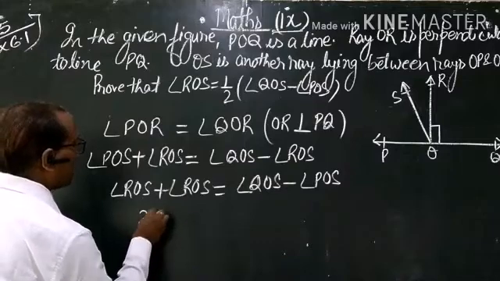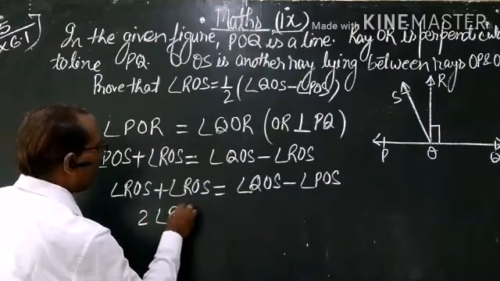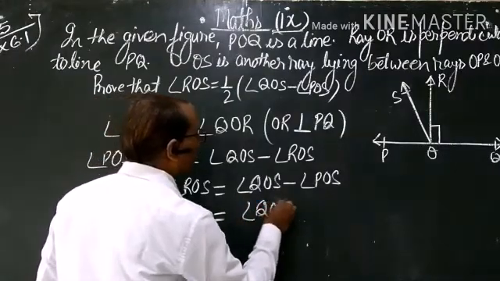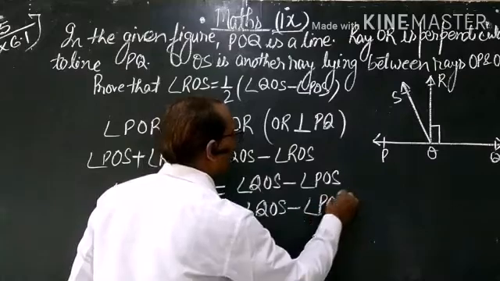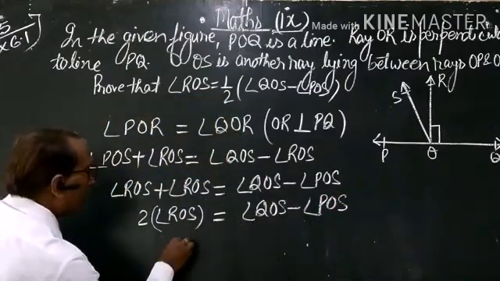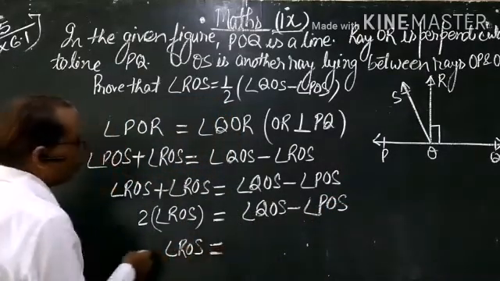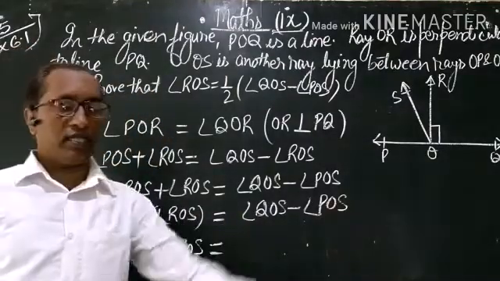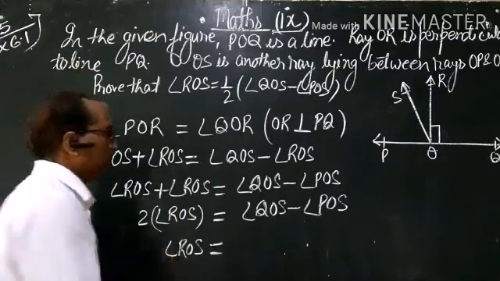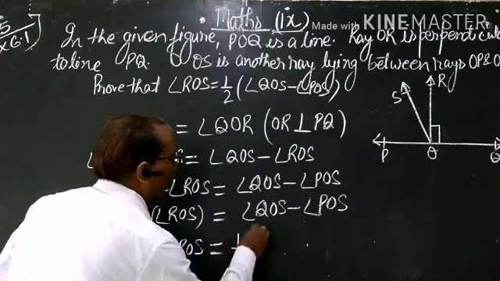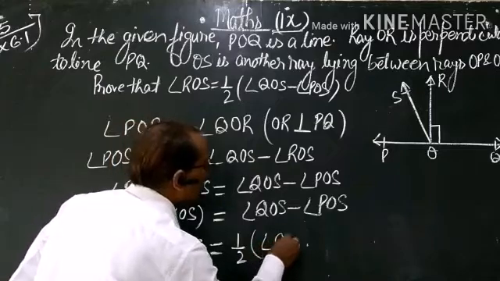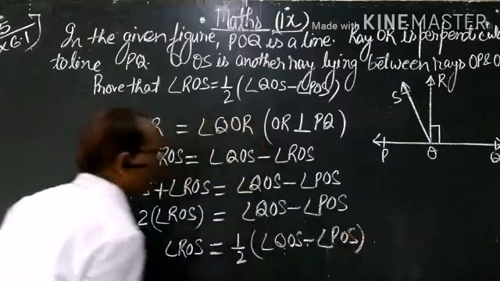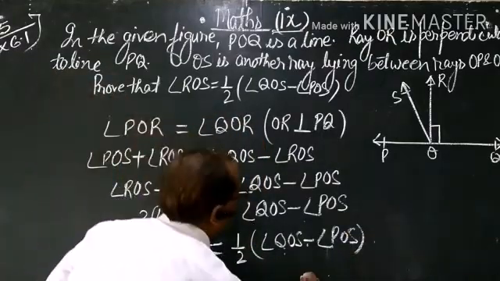Then two angle ROS is equal to angle QOS minus angle POS. Then angle ROS is equal to, dividing equation by 2, you get angle ROS is equal to 1 by 2 (angle QOS minus angle POS). Hence proved.